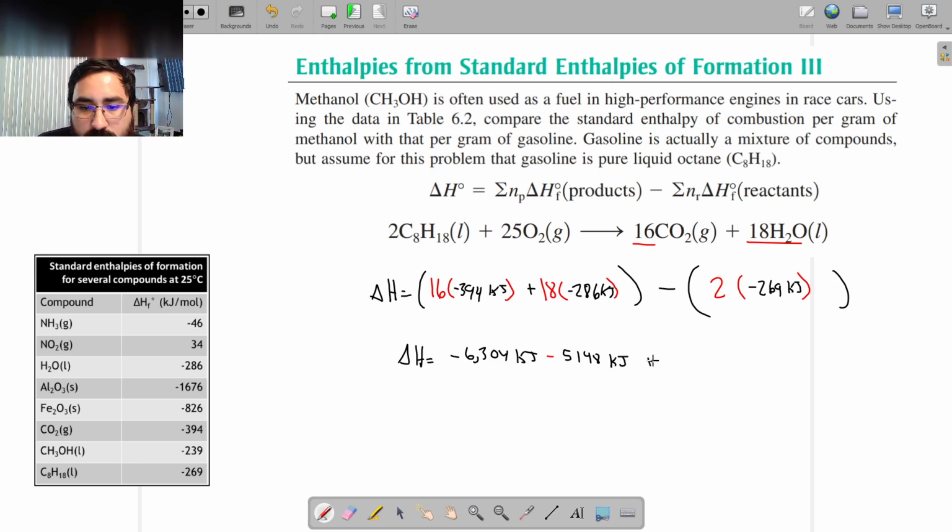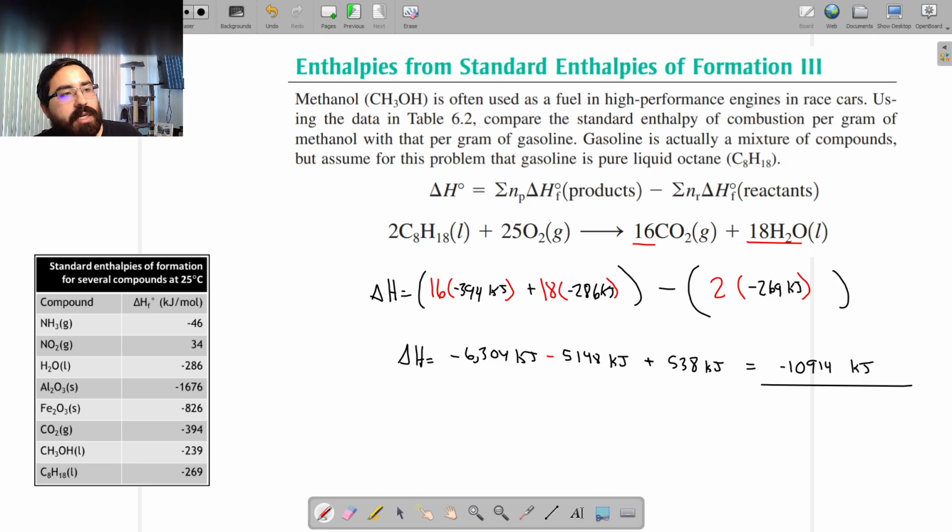And then over here, negative times a negative is a positive. So 269 times 2 is 538 kilojoules. Now, if we add these all up, we get a negative 10,914 kilojoules.